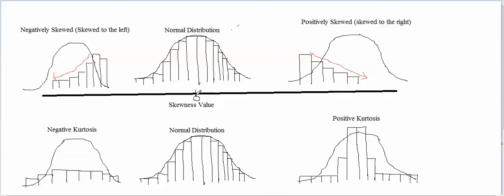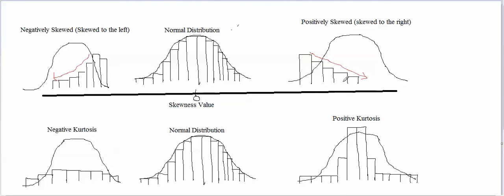As the skewness value gets further toward the left, it means that the data has more of a negative skewness. So if the value comes out somewhere down here, it means that the data is starting to look more like this, like a negative skewness. And if the value is coming out somewhere up here, above 0, it means that the data is starting to look like a positive skewness.